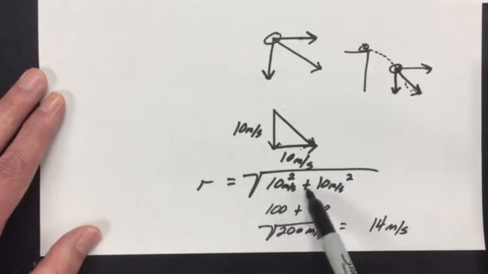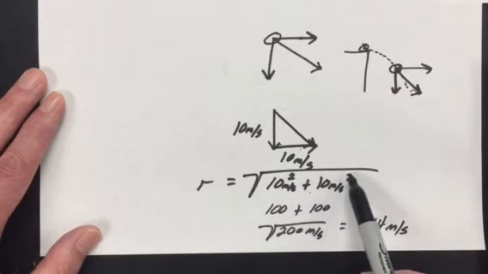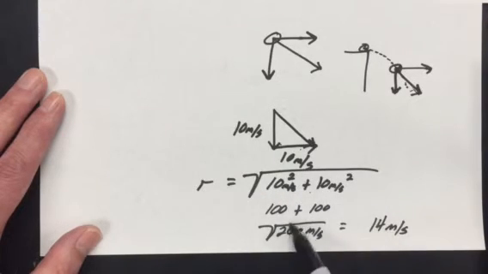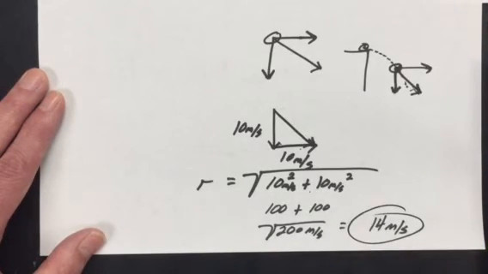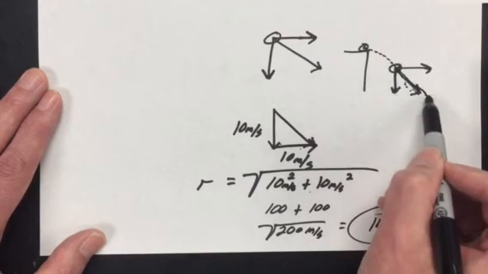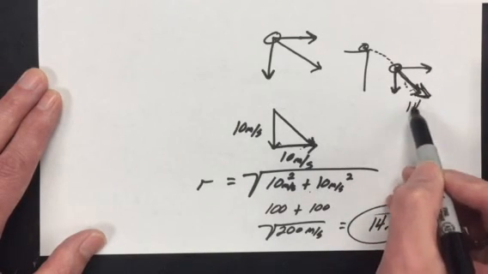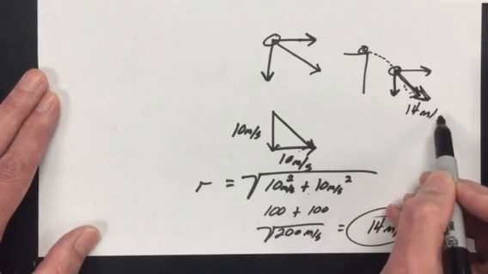We pop those values in the Pythagorean theorem. 10 squared plus 10 squared, that's 100 plus 100, take the square root of that, that's 200. That's going to give you approximately 14 meters per second. So that's its overall velocity. When it impacts the ground, it will impact at approximately 14, it's actually 14 point something, but 14 meters per second.